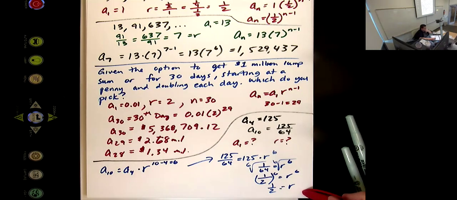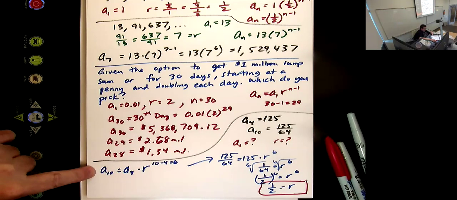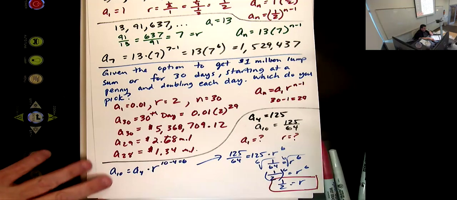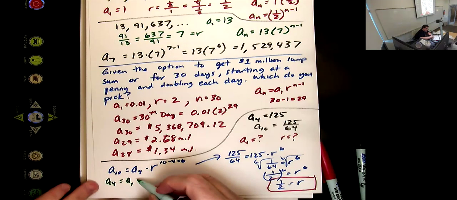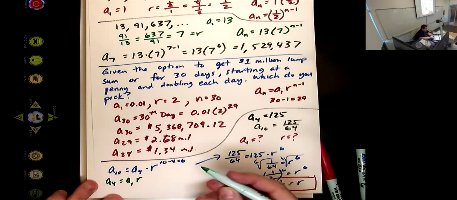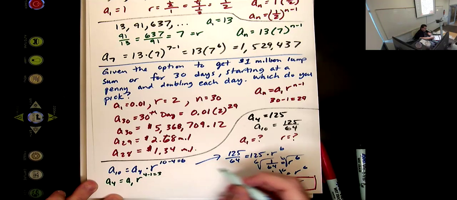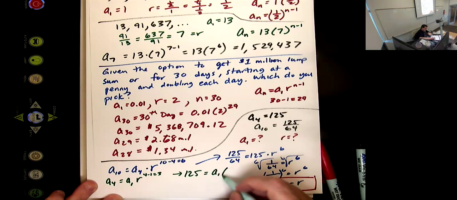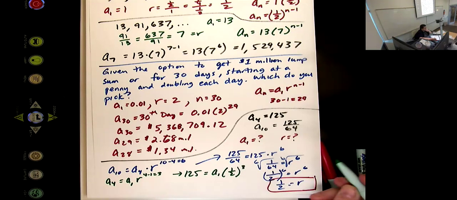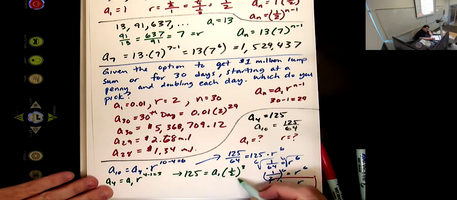Now, how can I find a sub 1? We're going to do something similar, but we're going to have a sub 1 right here. So let's do a sub 4 equals a sub 1 times r to what power here? 4 minus 1 is 3. So we've got a sub 4 is 125 equals a sub 1 times 1/2 to the 3rd power, which is 1/8.